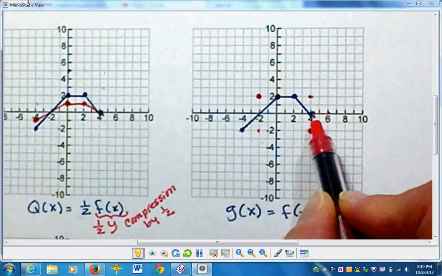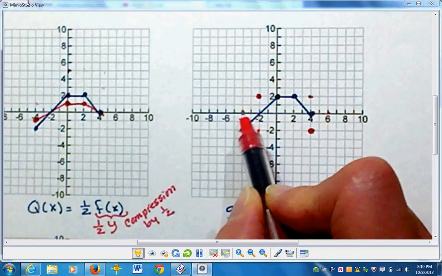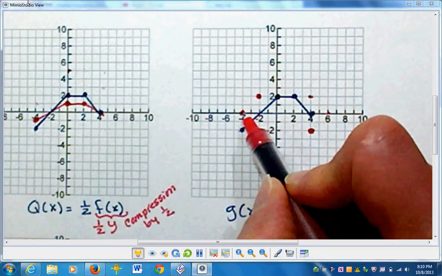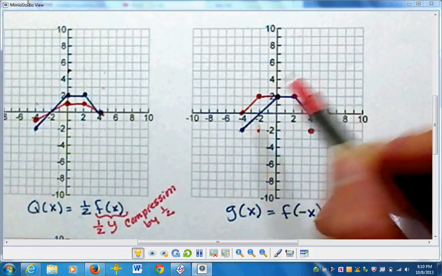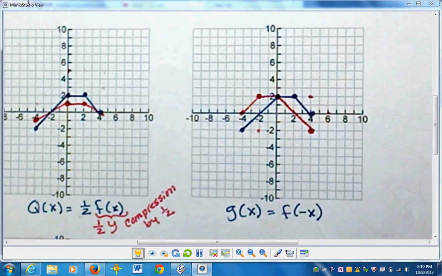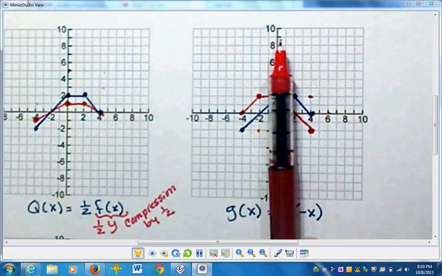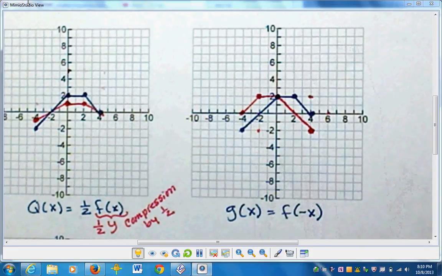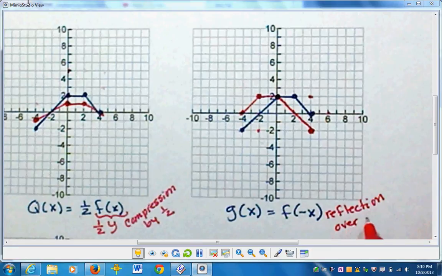So if I take -4, it comes over here. So if I were to connect the dots, you can see that it's reflected, or it's folded or swiveled over that y-axis. So this here is a reflection over the y-axis when we have that negative on the inside.